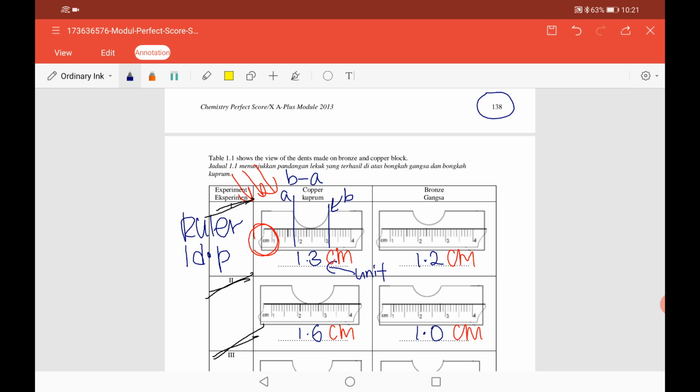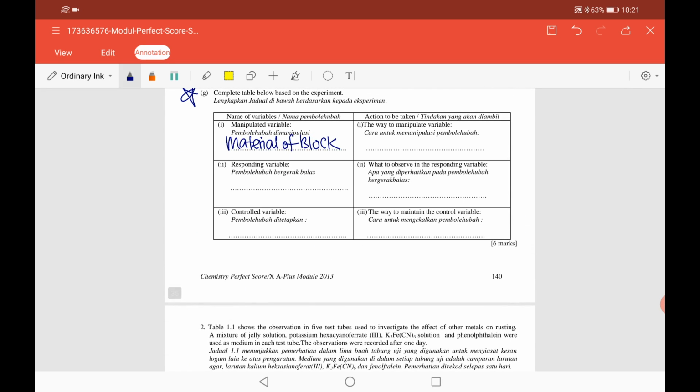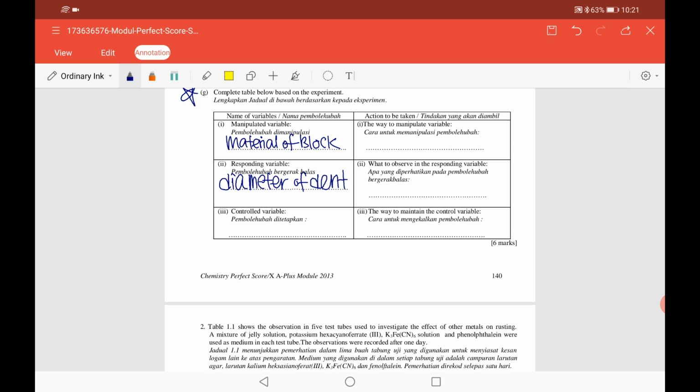Again, the word "size" is not accurate enough, so how are we going to measure the size here? We can write the word diameter: the diameter of the dent.